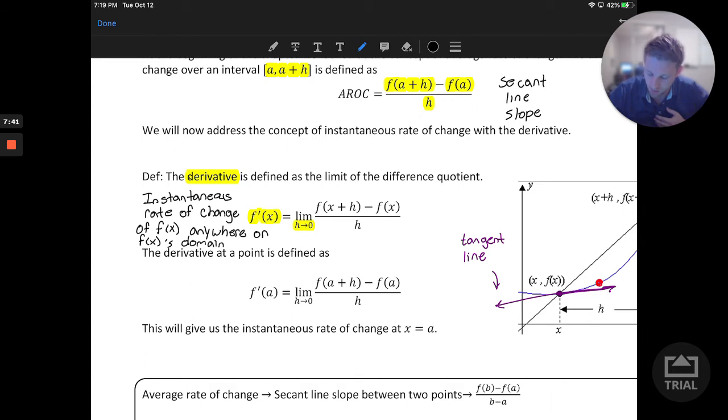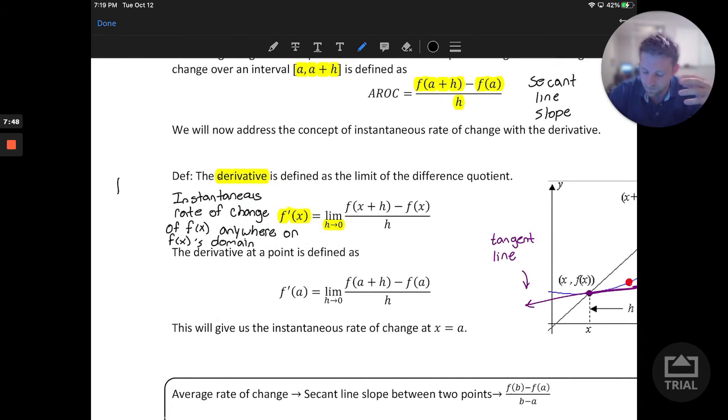In other words, if I was to evaluate the f prime function, I could put something in like, for instance, f prime of 2.